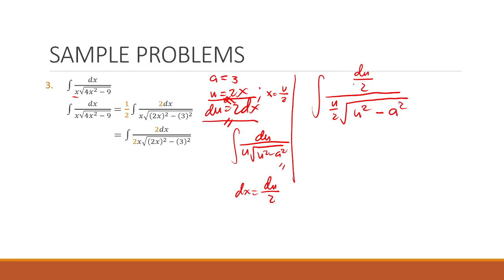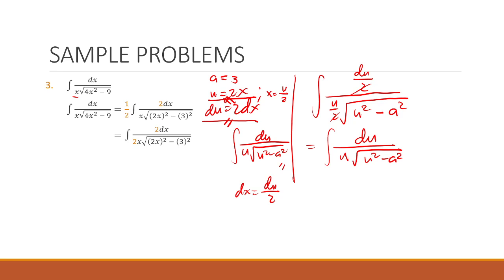We have 1/2 in the numerator, we have also 1/2 in the denominator, so we can cancel 1/2. Therefore, this is now in the form du divided by u square root of u squared minus a squared. Okay? So perfectly applicable ang arcsecant.